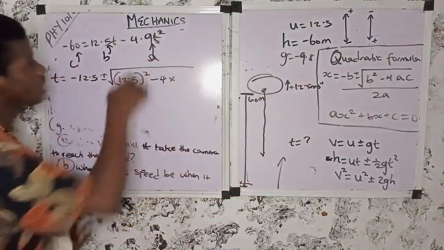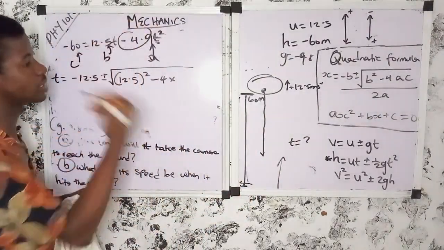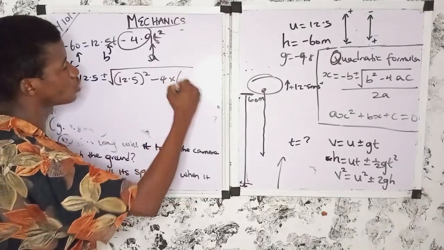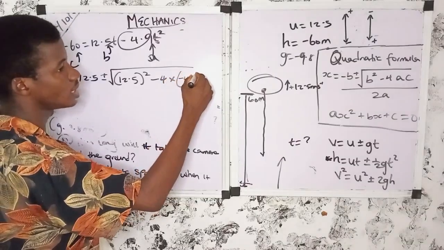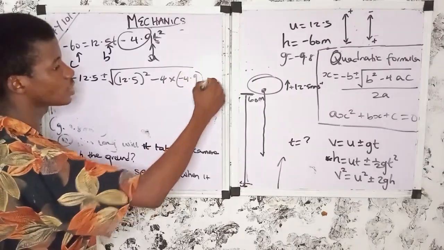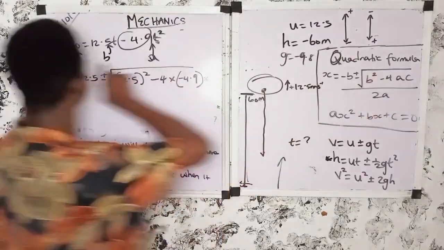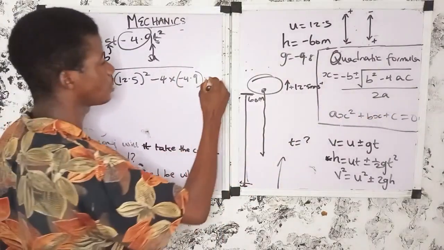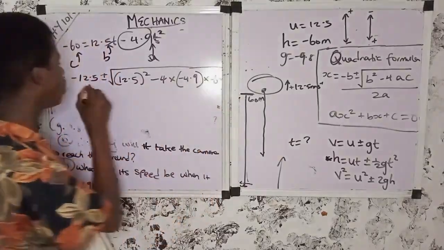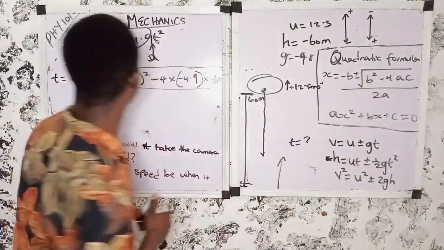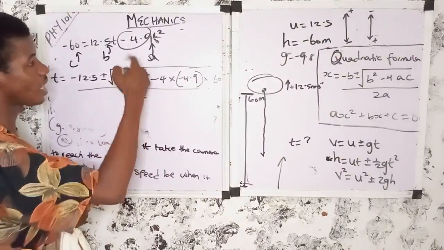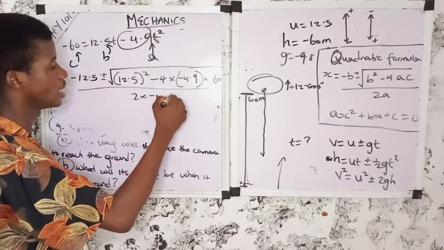A is minus 4.9, so bracket open, minus 4.9, bracket close, then times c. C is minus 60. All over 2a. Our a is minus 4.9, so 2 times minus 4.9.